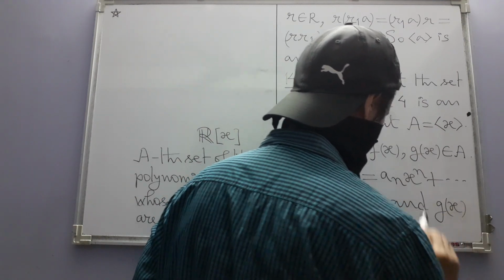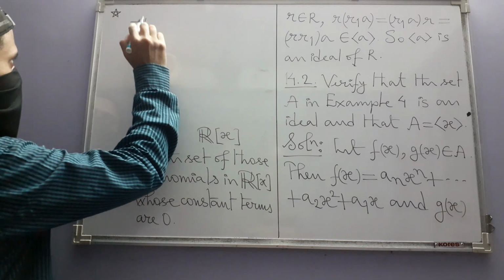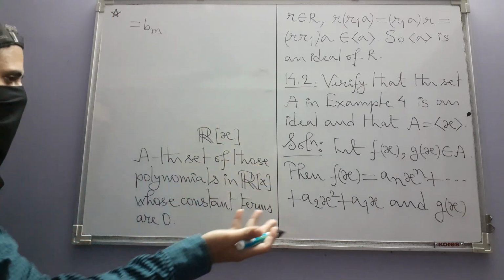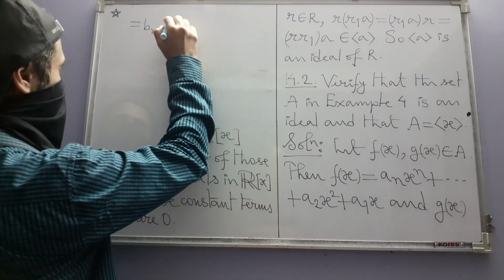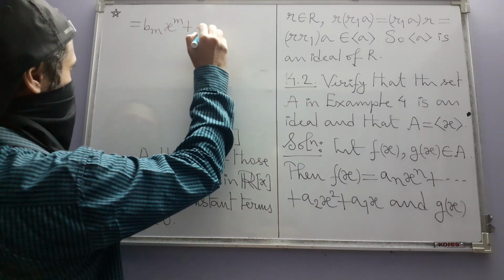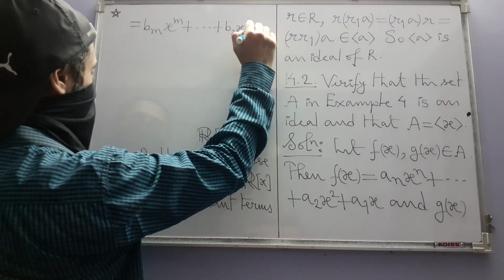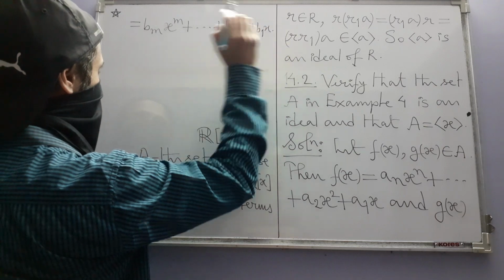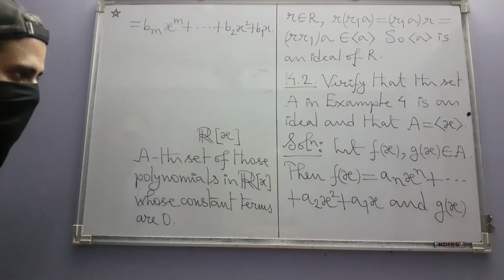similarly, g is also one polynomial of that form. Say bm. This n and m may not be the same, so I am using another letter. b1x. Okay. Now, what do we have to see?